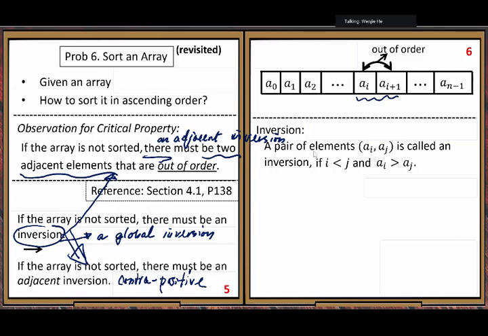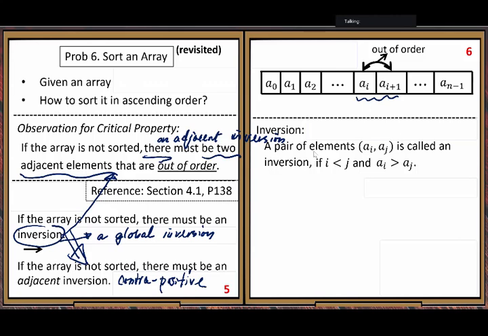There must be an adjacent inversion. Think about if there is no adjacent inversion, what will you get? With the contrapositive method, which you studied in your discrete math, we negate the conclusion, and then we will get a contradiction to the hypothesis.